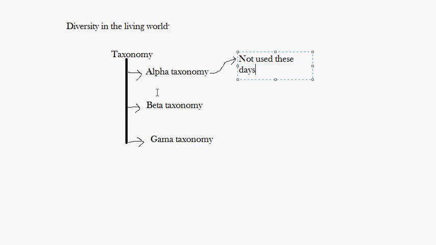Now let us learn what the beta taxonomy is. Beta taxonomy deals with identification on the basis of evidence from genetics, cytology, anatomy, physiology, etc. Sounds quite good. That is used in most of the countries.